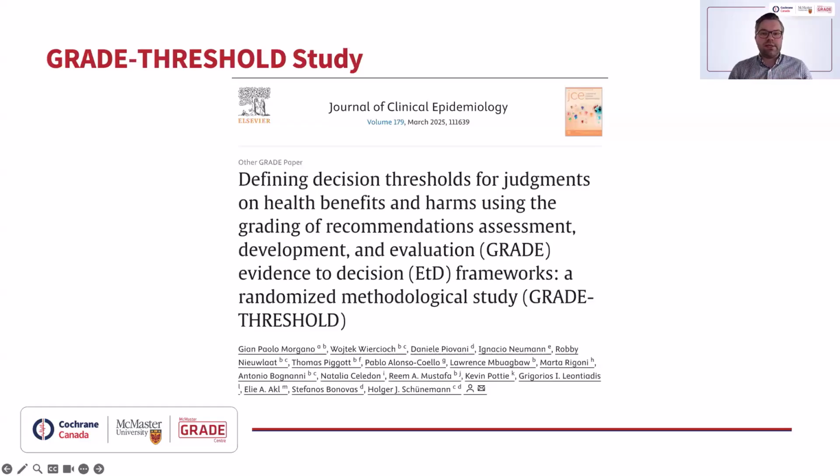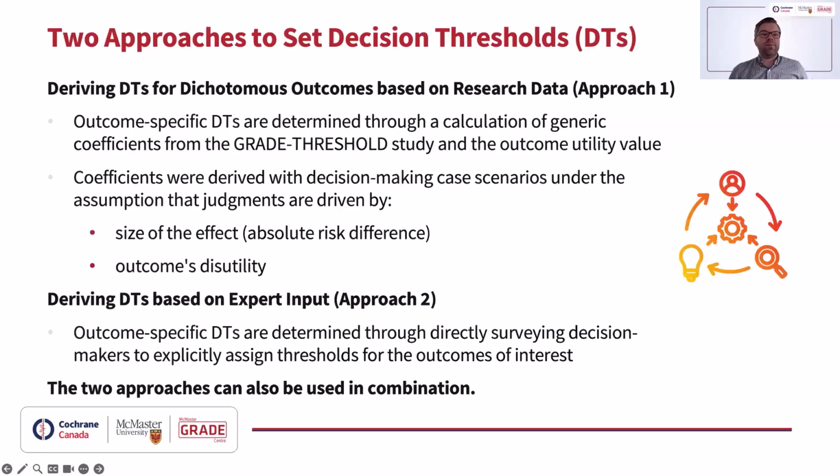What I want to note at this time is this is specific to dichotomous outcomes. I'll also cover continuous outcomes as well as methods of measurements such as standardized mean difference. The reference here is available for you to review for some additional details if you are interested, but I'll give a brief overview now.